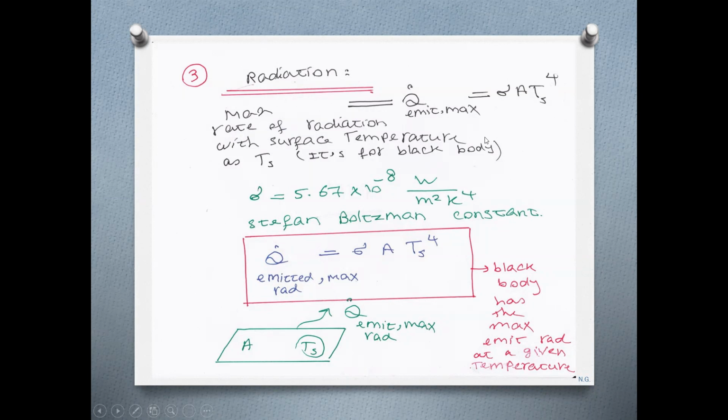So any body in the world with a surface temperature greater than absolute zero can emit radiation.